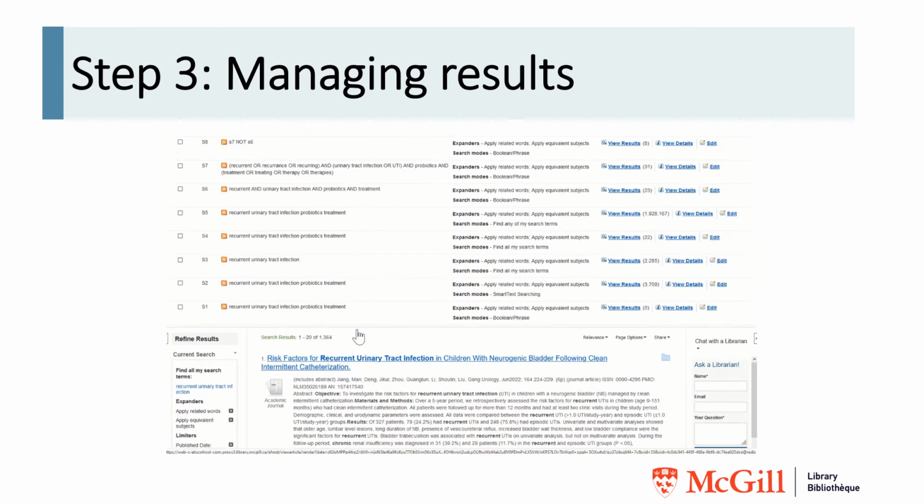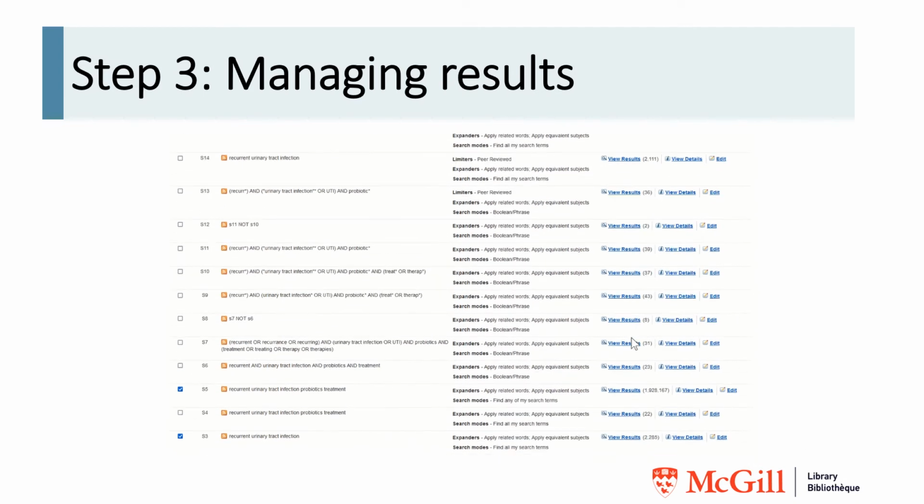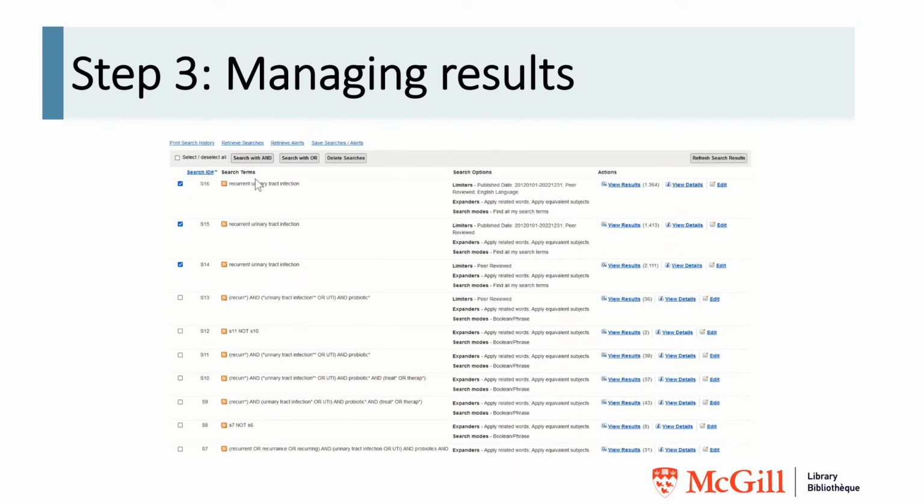Something you might like to do as you go along is delete the searches that were less successful, just to keep your search results a little bit cleaner. So I'm going to get rid of the ones where we had very big results. And that includes these last 3 where we limited those bigger searches, because it's getting a little unwieldy here.